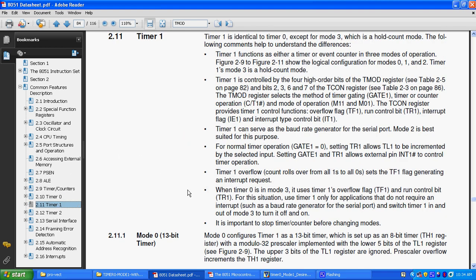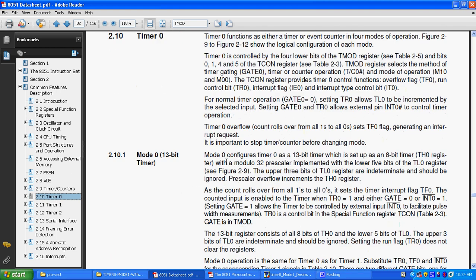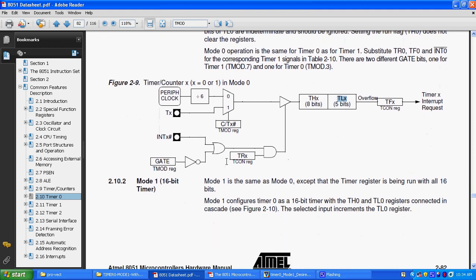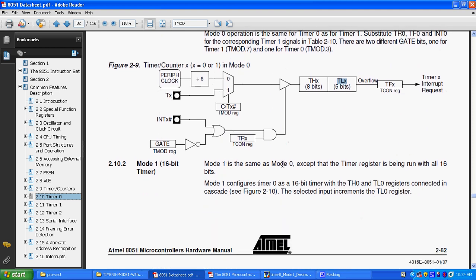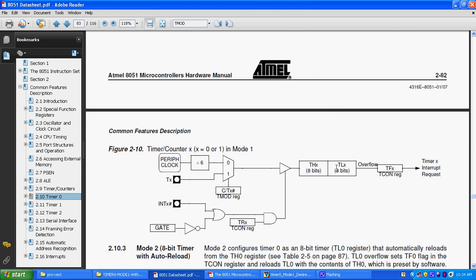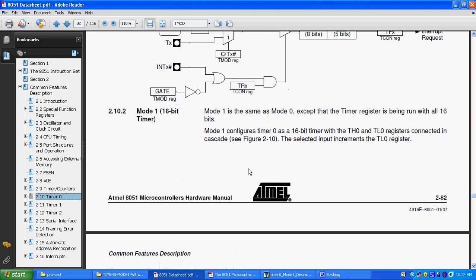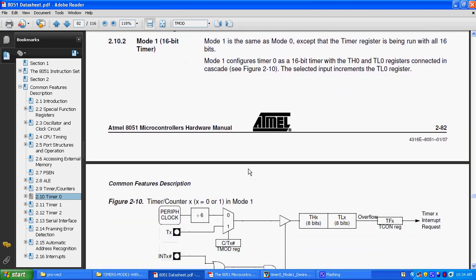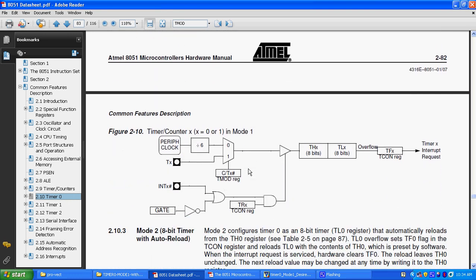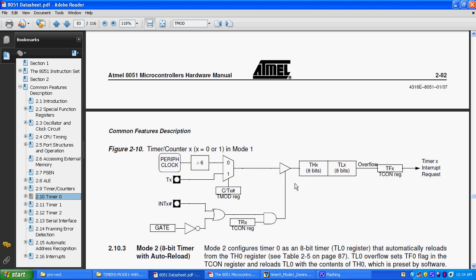See, timer 0 mode 1. Mode 1 is the same as mode 0, except that the timer register is being run with all 16 bits. See here THX and TLX, and see this diagram, THX and TLX. What is the difference between these two diagrams? Both diagrams are the same.